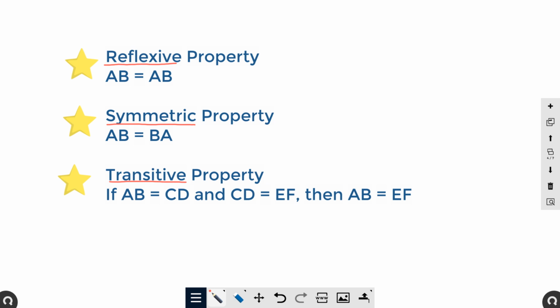So when you look in the mirror, you see the same thing, right? That's how I remember the reflexive property. You will see a lot of the reflexive property when we talk about triangles, especially in Math 3. But it's kind of redundant. AB equals AB. The same thing equals the same thing. There's one item there.